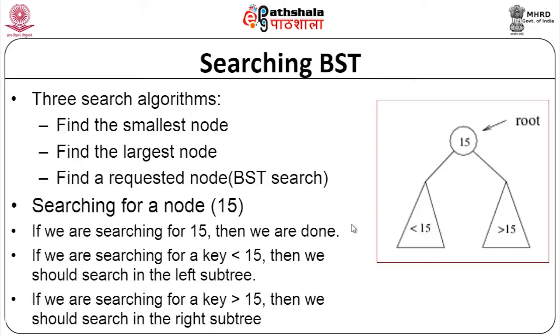There is no question of searching in the right subtree, that is the property. If you are searching for a key greater than 15, you can forget about all the nodes in the left subtree, you can go to the right subtree and search there. This is why it is called binary search, dividing the tree into two, not necessarily equal halves, which we will discuss later. You are dividing into two and you are eliminating the search in one part of the tree.